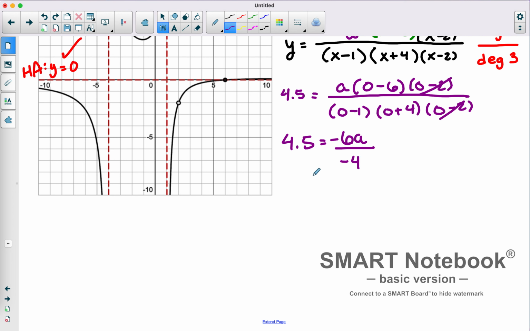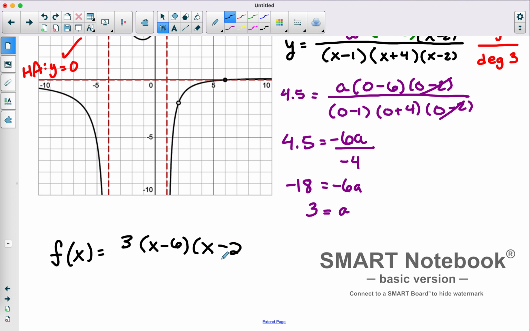If I multiply that over, we would have negative 18. And I can divide by negative 6 to get a positive 3. So that gave us that factor we needed. I would write out my function; you do need a y equals or an f of x or some type of output. But I have 3 times x minus 6, x minus 2, divided by x minus 1, x plus 4, and another x minus 2.